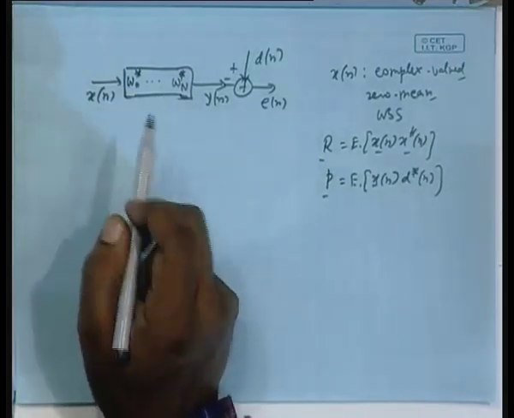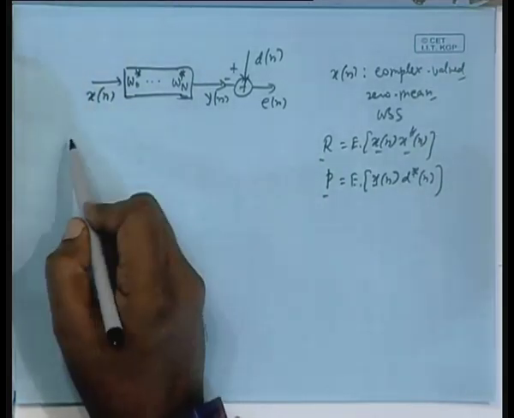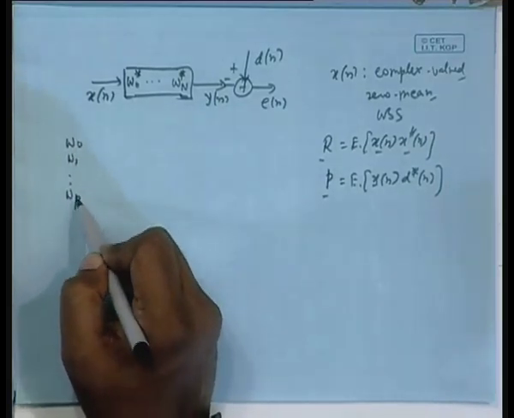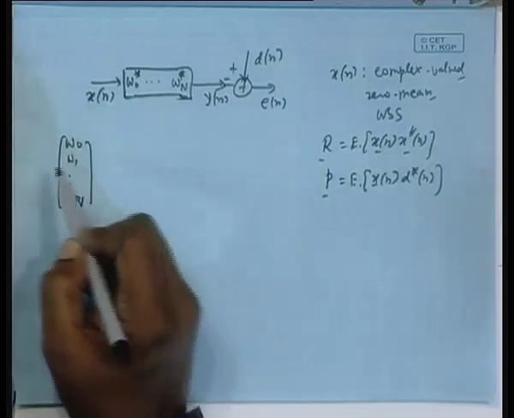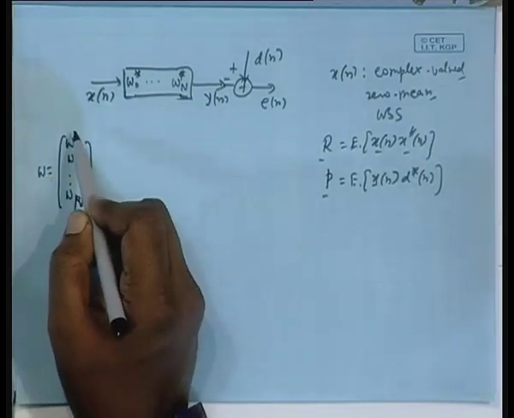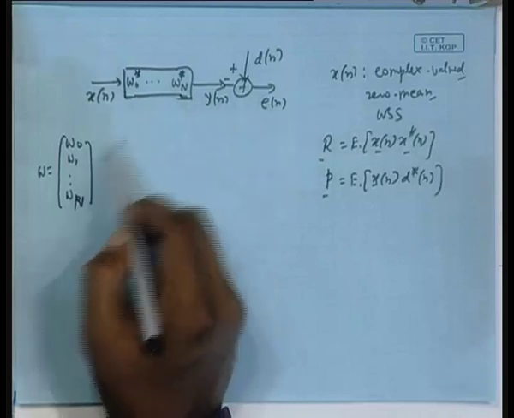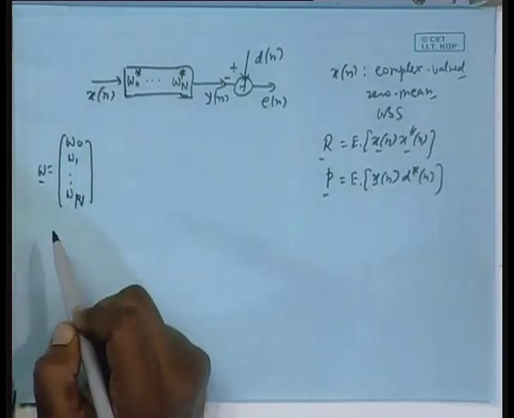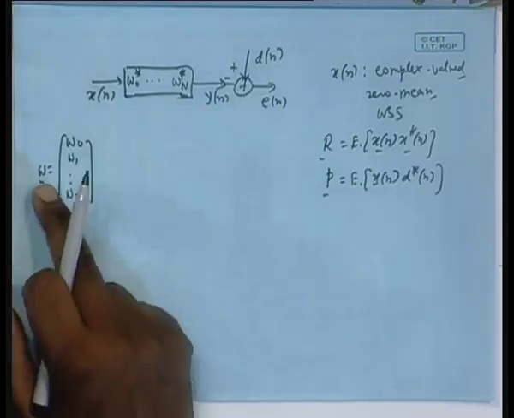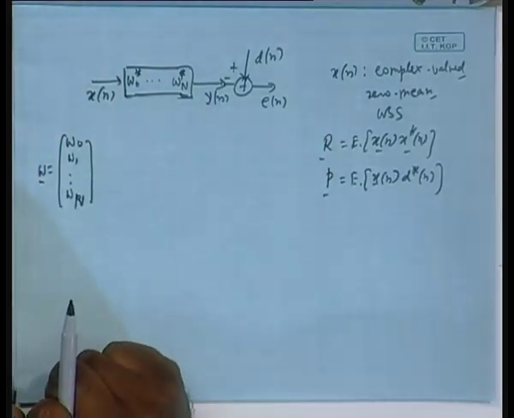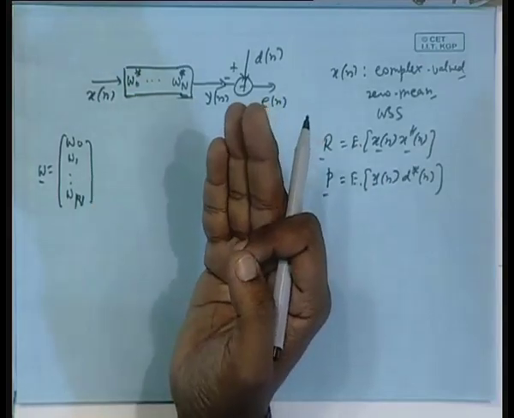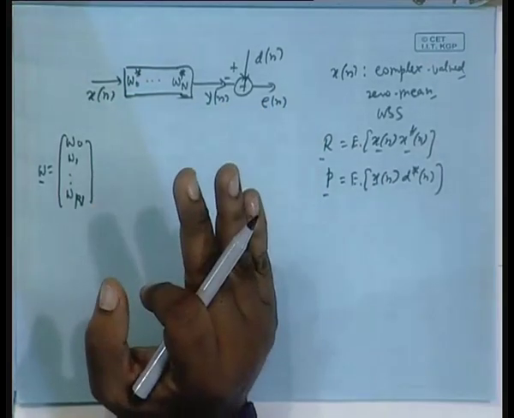What I am trying to say is that in the end I will find out what is W0, what is W1, dot dot dot, what is Wn, this vector I will find out. If I find out W0, you know what is W0 star, you know what is W1 star, you know what is Wn star. So, I will find out the optimal filter version for W, but in the filtering I will use W0 star to Wn star, there is no problem, no. This is the notation thing I want to make clear.